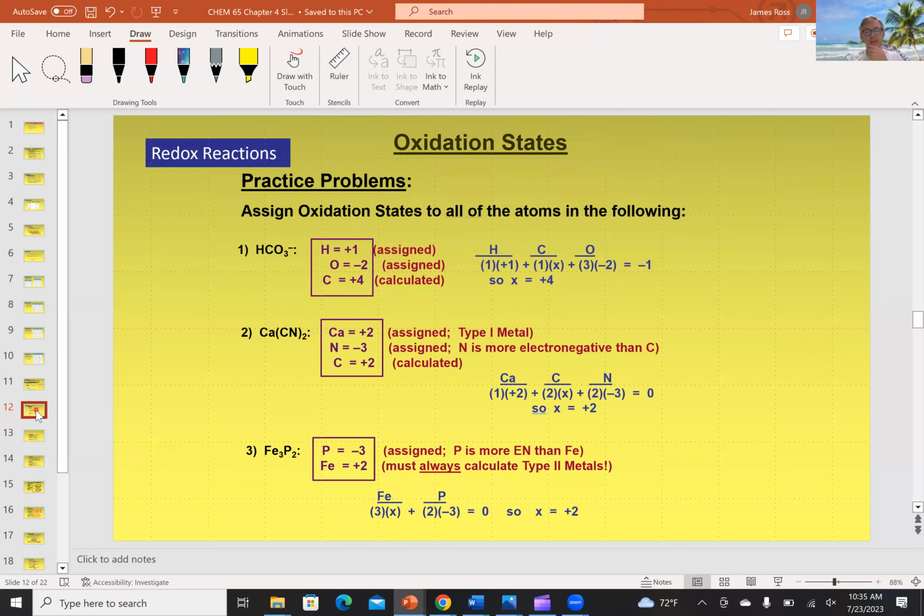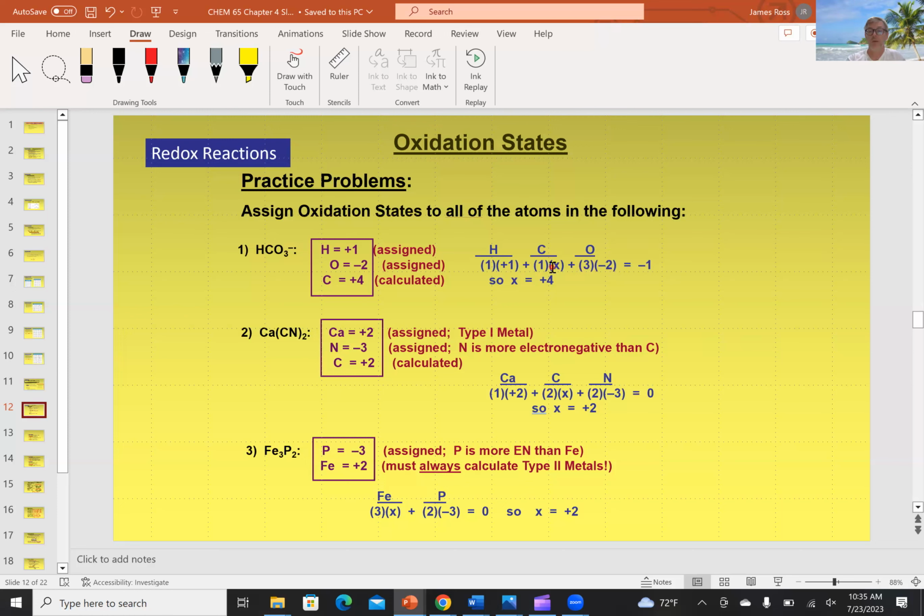Okay, here are some examples. We have this polyatomic ion here, the bicarbonate ion, HCO3-. It's a polyatomic ion that has a total charge of -1, and it's made of hydrogen, carbon, and oxygen. We set the whole thing to -1, and we know that oxygen is the most electronegative, so we prioritize it. We have 3 oxygens, so we have 3 multiples of -2, where -2 is the charge on oxygen.